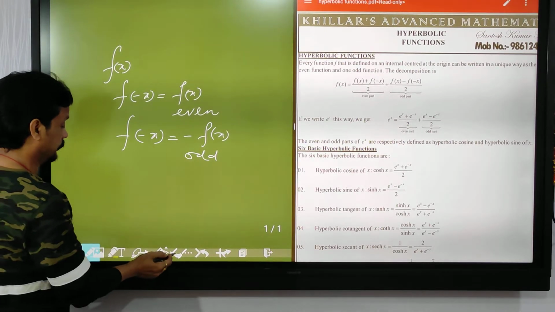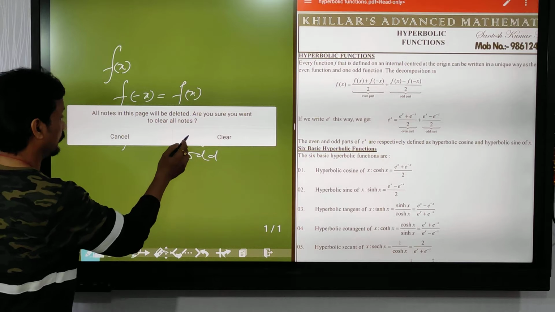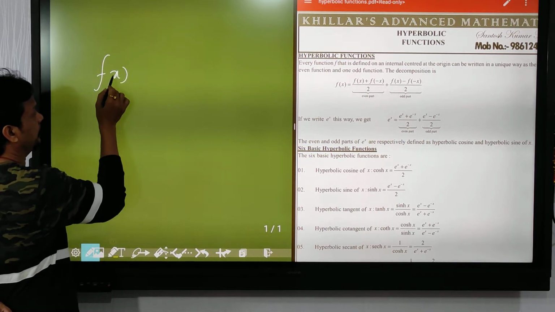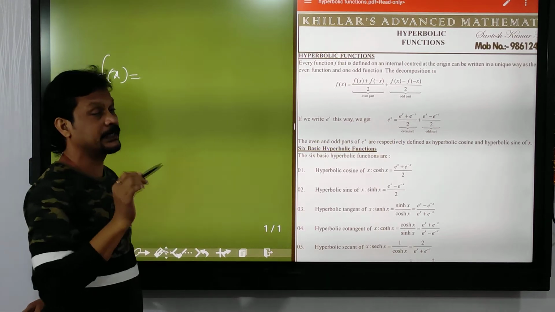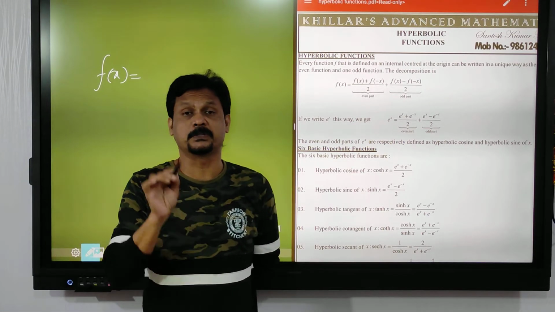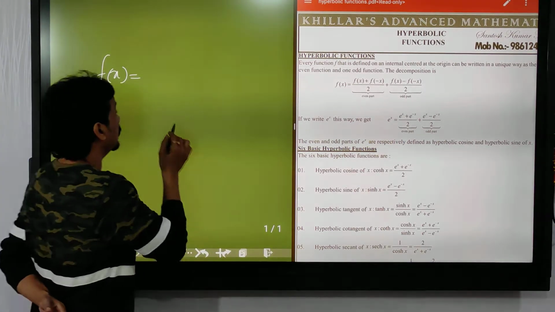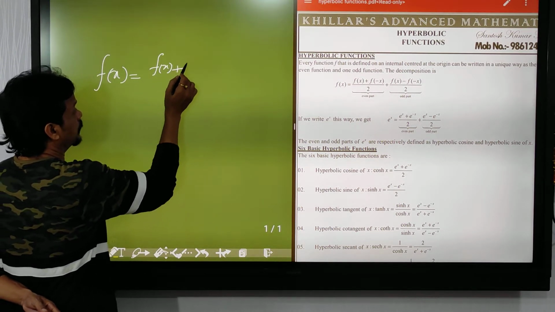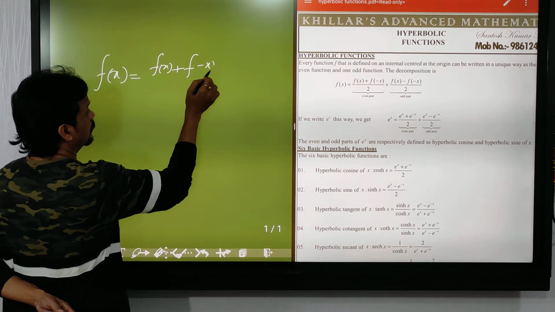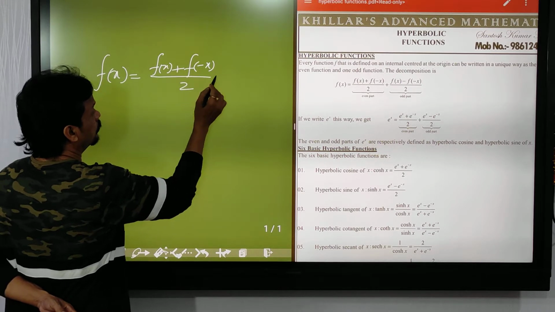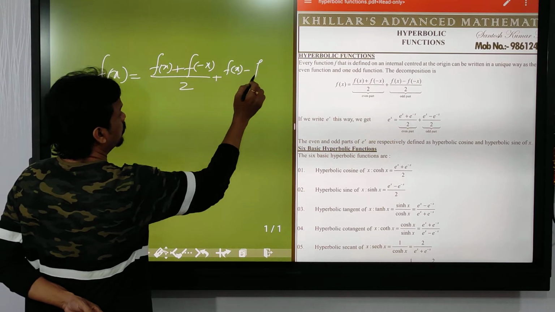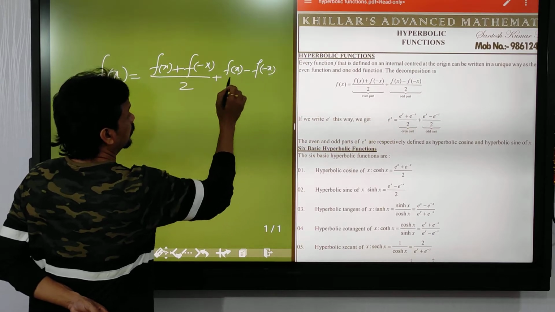Clear? Now see here. In class 12 also we have read, every function can be expressed as the sum of an even function and an odd function. That means f of x, I can write as f of x plus f of minus x divided by 2, plus f of x minus f of minus x divided by 2.